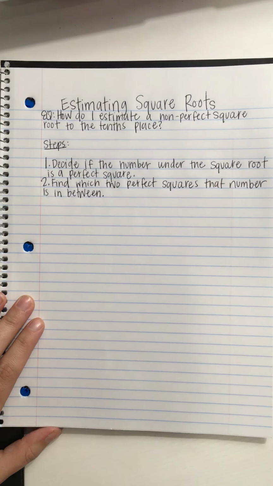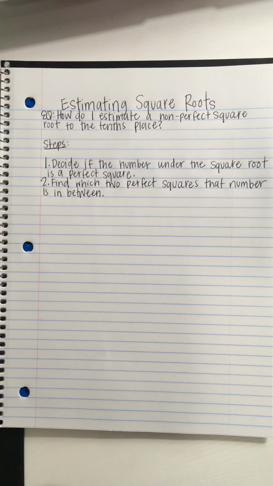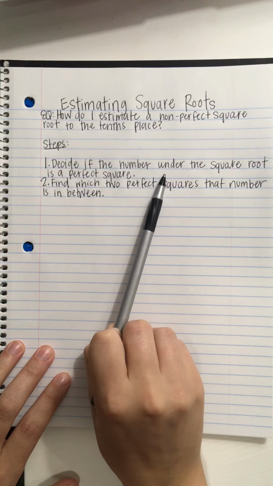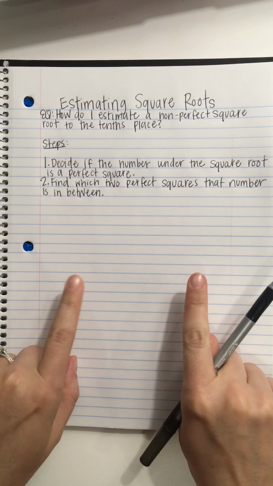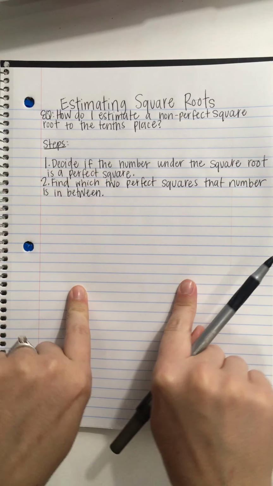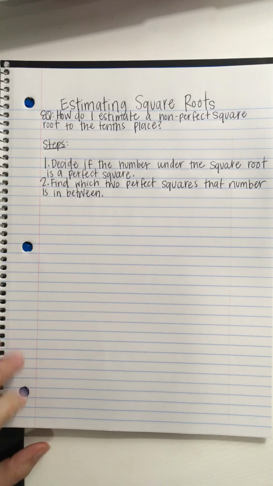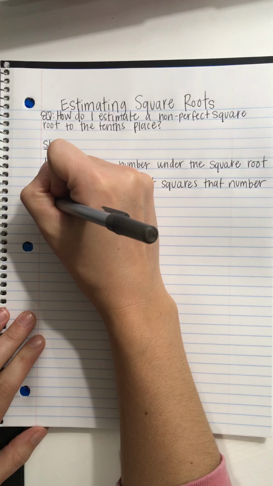We're going to follow all the steps in just a minute with some examples, and that'll make more sense to us. But if the number is not a perfect square, then you're going to figure out which two perfect squares it falls between. And that's going to help us figure out how we're going to estimate that square root.